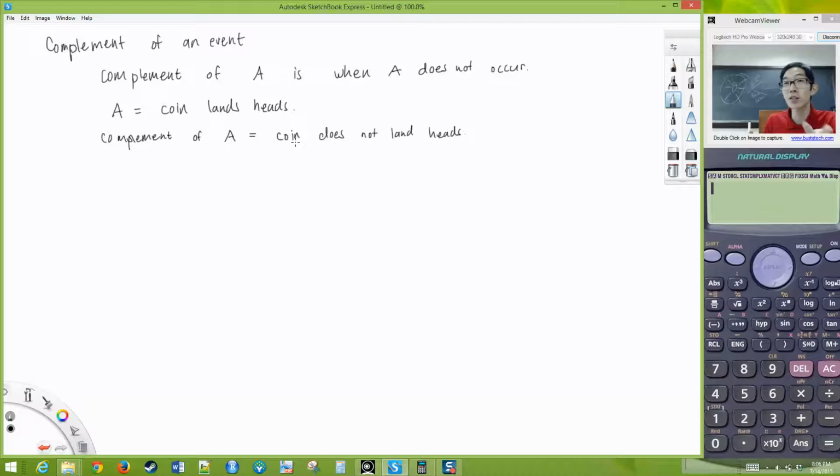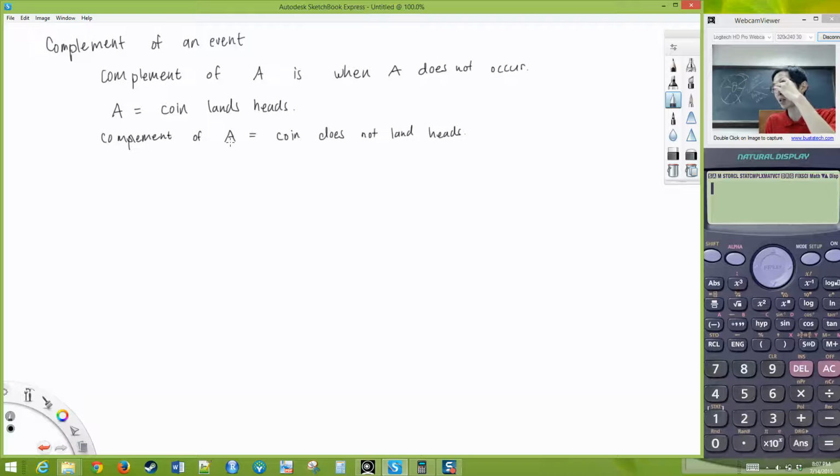And we can say that. But if the coin lands on its side, then we would have to say that that doesn't count. So it's either A happens or A doesn't happen, and that covers all possibilities, right?